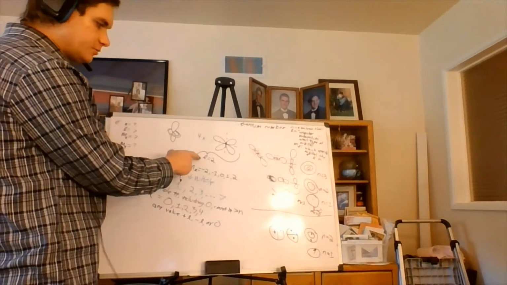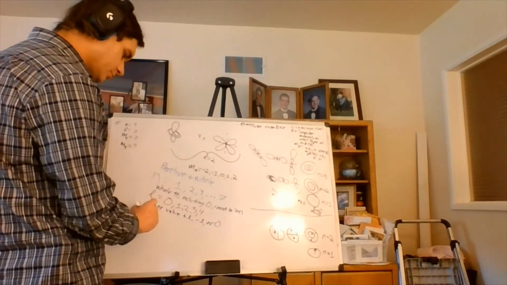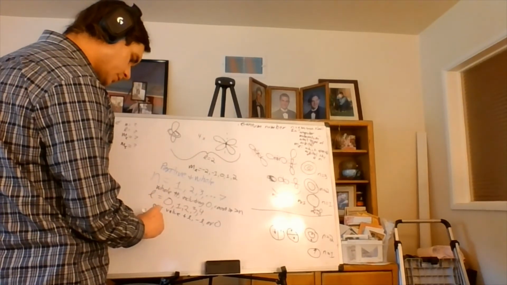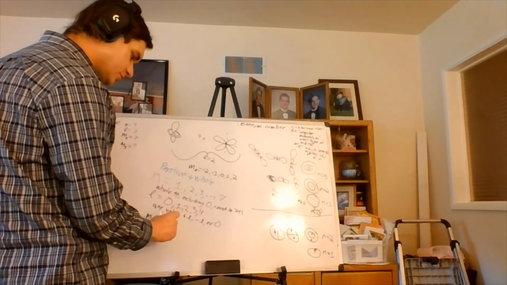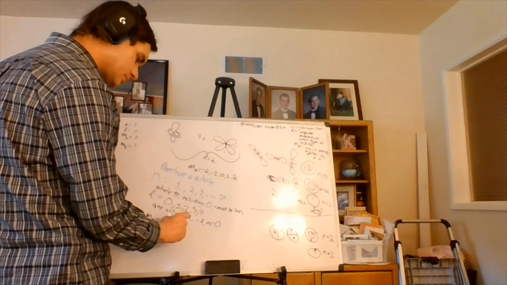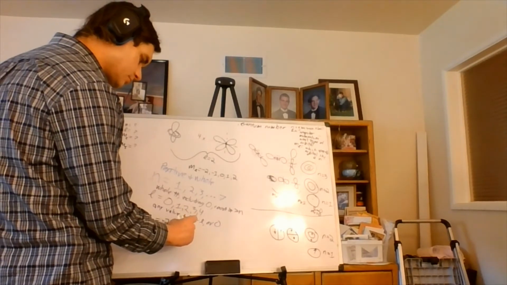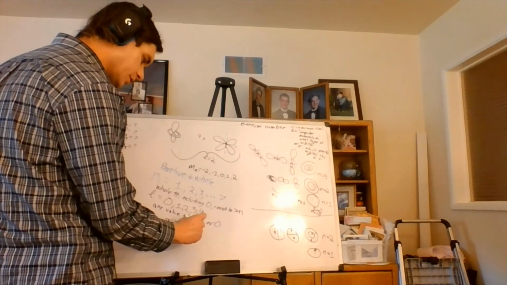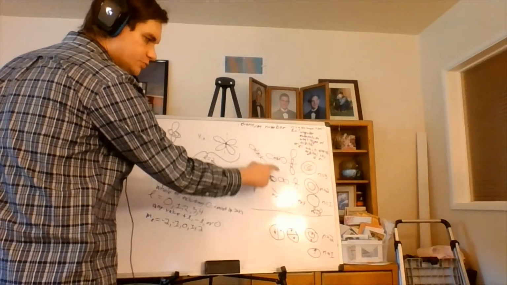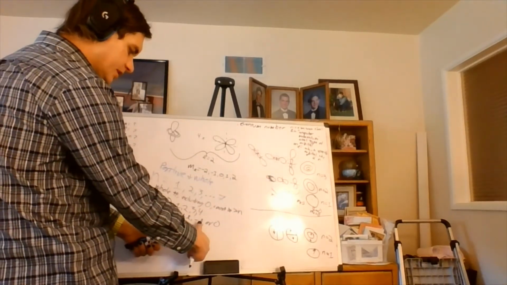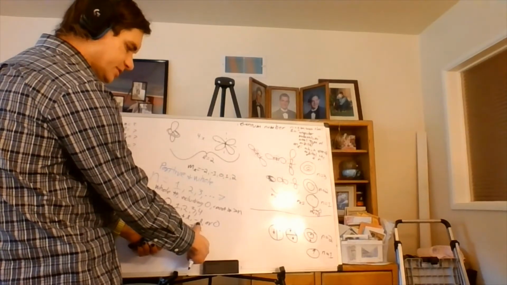So if L equals 2, for example, then m sub L could be -2, -1, 0, 1, or 2. But if L equals 1, then it can't be -2 or -2. It can only be these three.